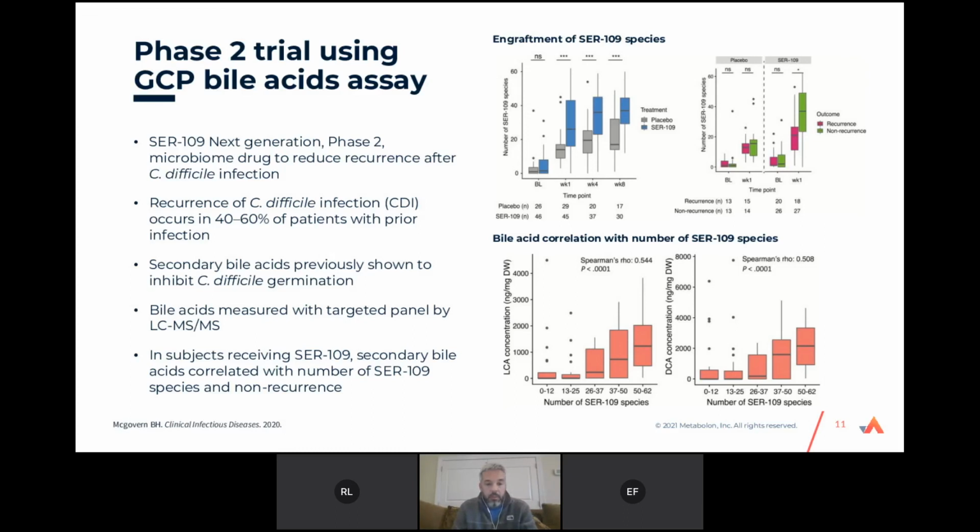The company, based on this metabolomics data that Metabolon was able to provide, was able to leverage this global metabolomics to discover these biomarkers and targeted metabolomics of these bile acids to validate their data and satisfy compliance with regulatory standards. The reproducibility and high quality of the data increased the confidence in how their therapeutic was changing the metabolism, in particular with these bile acids in the GI, which obviously relates to the pathogenesis of C. difficile.